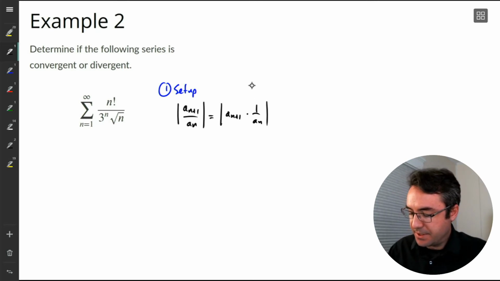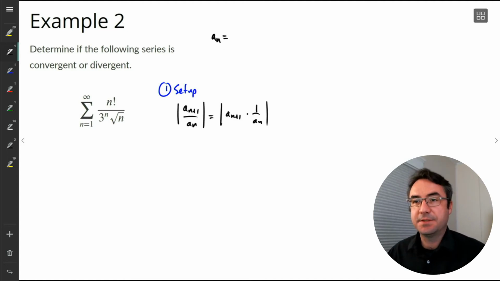And to help us with this, let's write in what a_n is. So a_n is just the general term of our sequence here, the sequence that we're trying to add all the terms together. So really that's ultimately what we're trying to do. We're trying to add up all of the terms of this sequence, and we're trying to see, do we get a sum?